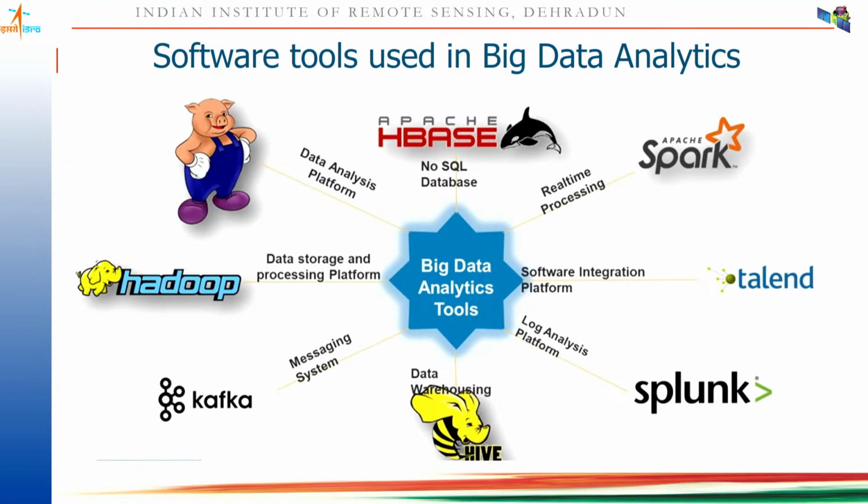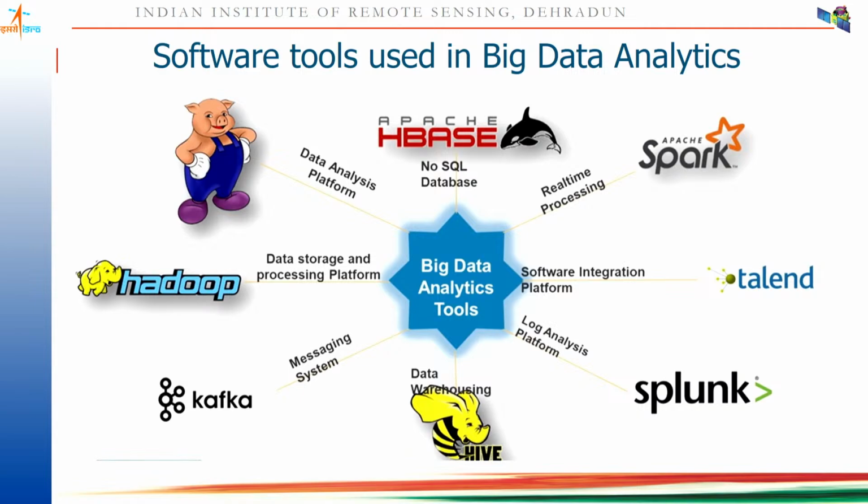There are a number of software solutions available from different software providers. This is one example from Apache. You may know about the Apache project. This is one of the very popular projects, and it's open source. Here we have Spark, HBase, Talend, Splunk, Hive, Kafka, Hadoop.